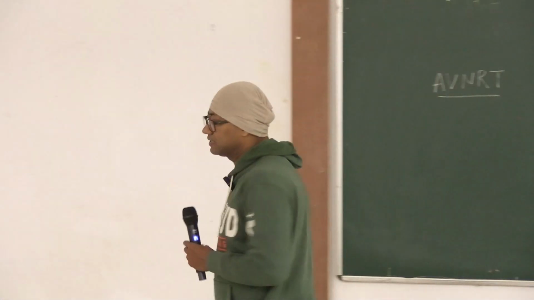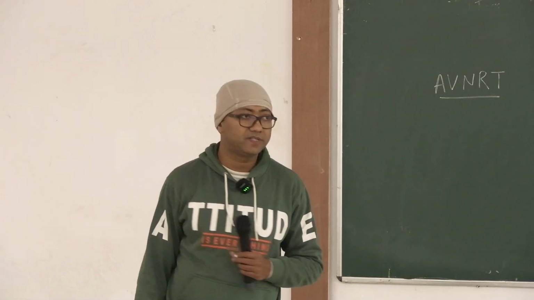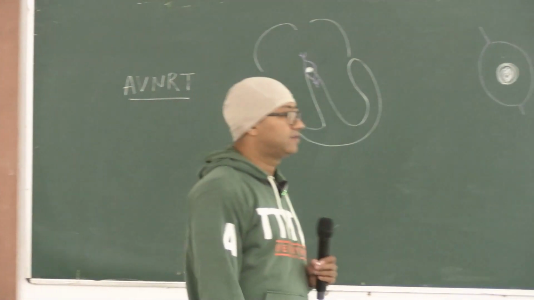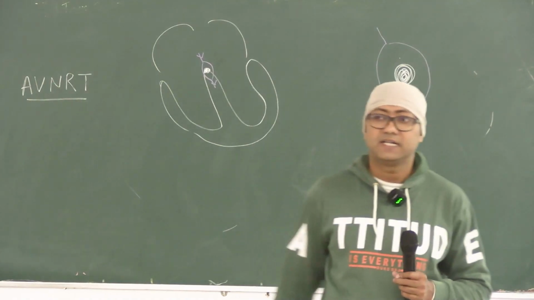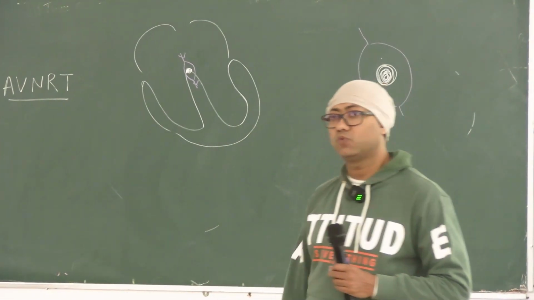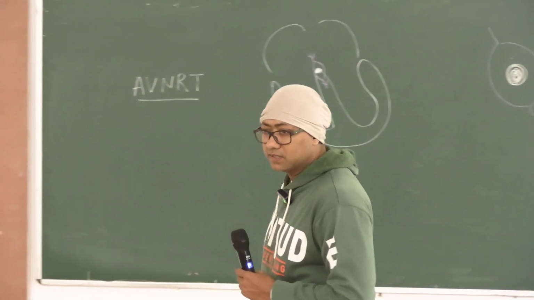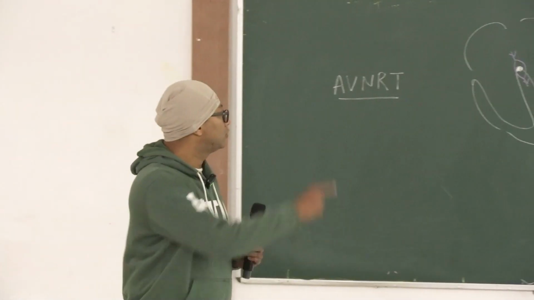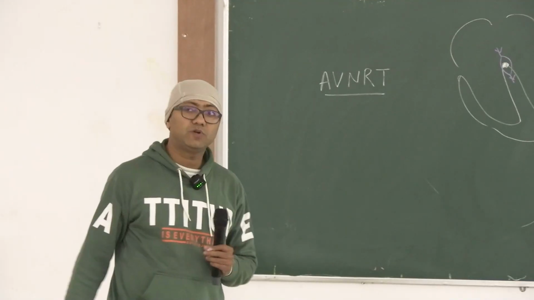AV nodal re-entrant tachycardia means presence of a circular fiber. The first condition was unidirectional block, second condition was circular pathway, and third condition was perfectly timed atrial premature complex. So this circular fiber is around the AV node.